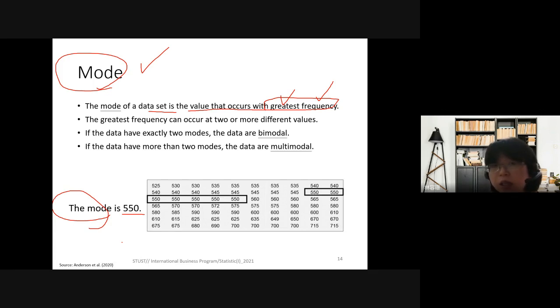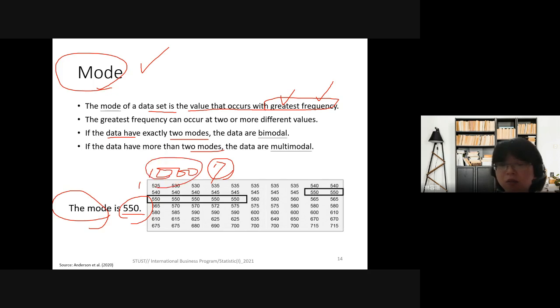So we will say in such data, the mode is 515. But you have to remember some data sets may have 2 or more modes. For example, if in such a data set I have 1,000 shown 1, 2, 3, 4, 5, 6, 7 times, the same as 550 and 515, I will say the mode for such a data set is 550 and 1000.